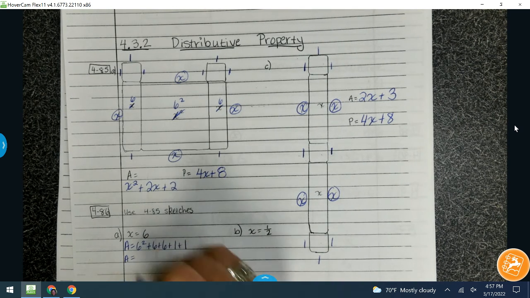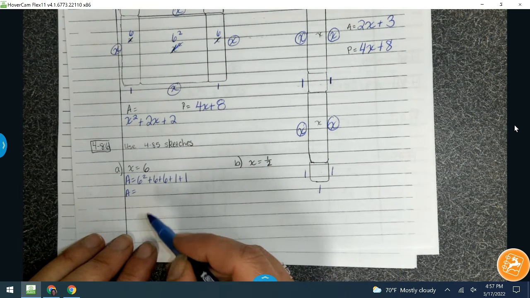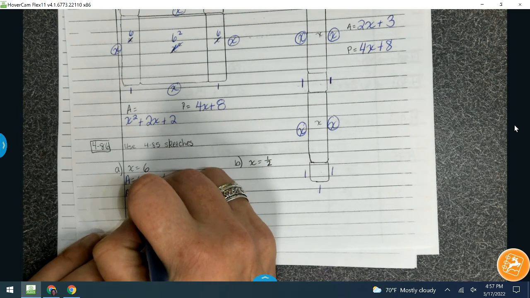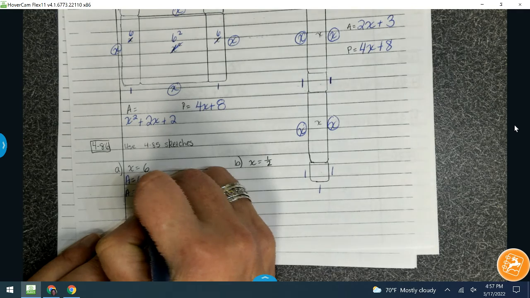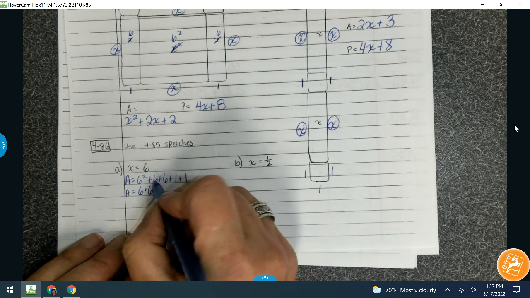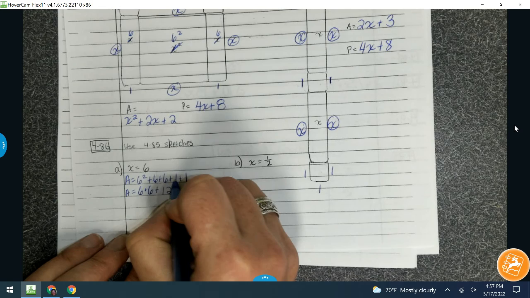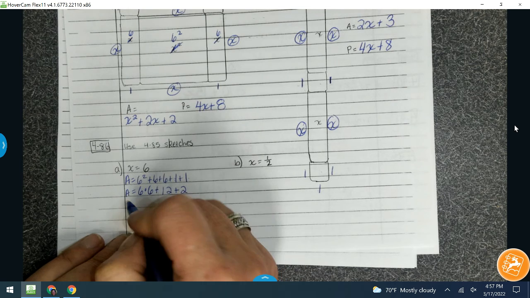My area is equal to 6 squared. Oh, I'm almost off the page, off the board. 6 squared is equal to 6 times 6, plus we've got these 2 6's right here, that's 12, plus 2 1's right here, that's another 2.